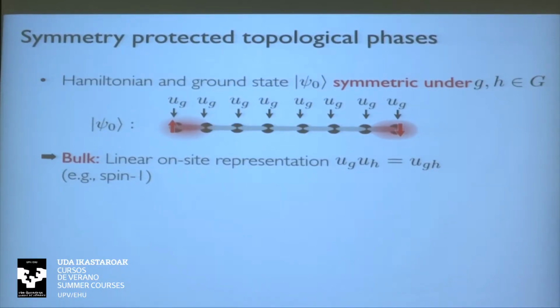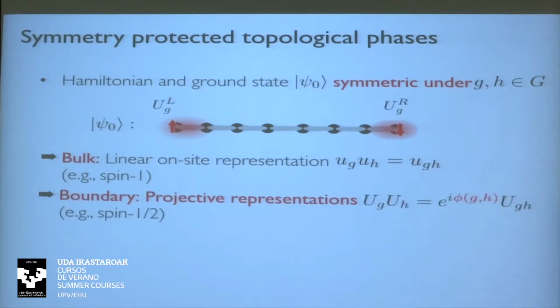So this is just the spin rotation in terms of integers. And the bulk, as I said before, is invariant under this representation. So if we had a system with periodic boundary conditions, the state wouldn't change at all.